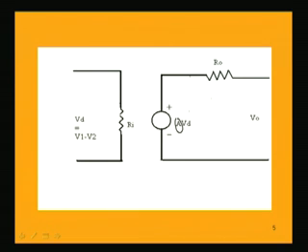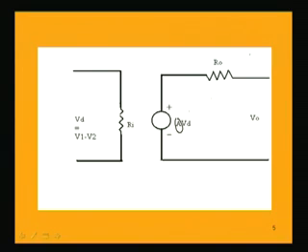So, a part of A VD is dropped in this resistance, and finally what we get at the output, V naught, is A VD minus this drop. But for all practical purposes, since the OpAmp has a very high input impedance and a very low output impedance, we can ignore this drop in R naught. So, practically the output voltage V naught is almost equal to A times VD, where VD is the differential input, that is V1 minus V2. That is the differential mode of operation of the OpAmp.